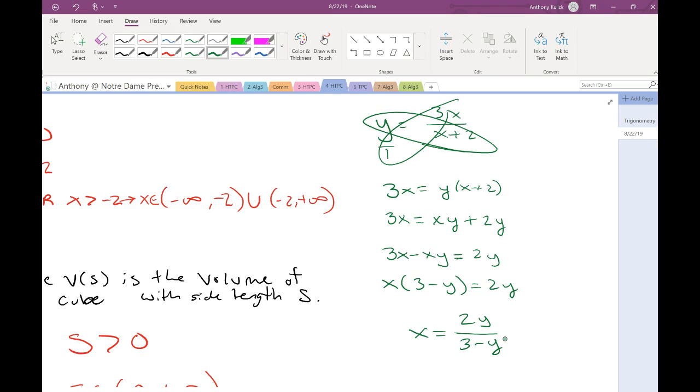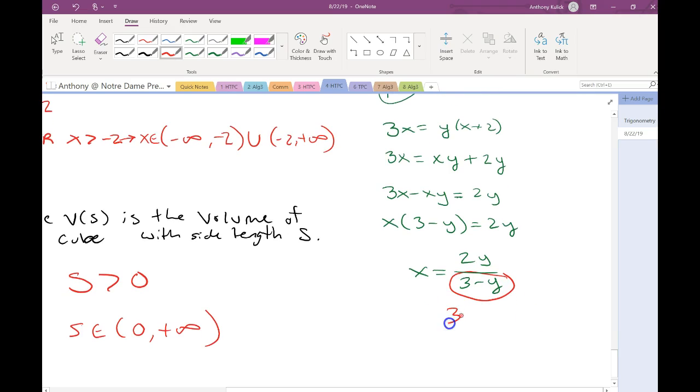And ordinarily, if I was finding the inverse at this point, I would swap the x's and y's. I'm not going to do that here because what I care about is, if we're talking about range, I care about the y coordinates. If I look at this, are there any values of y that are going to get me in trouble? 3, right?